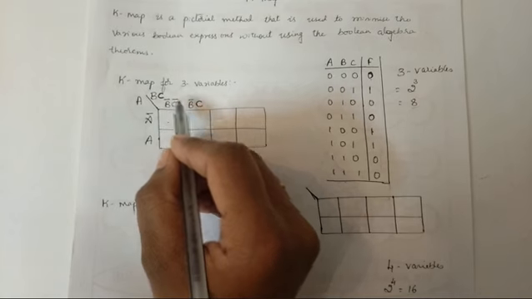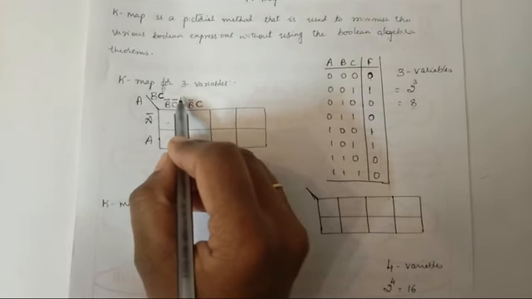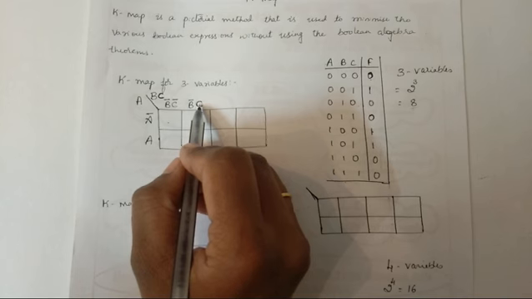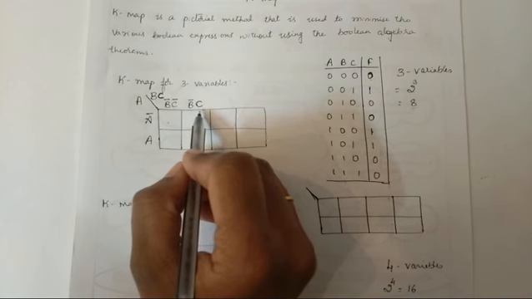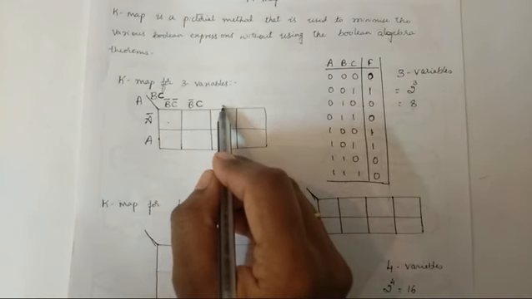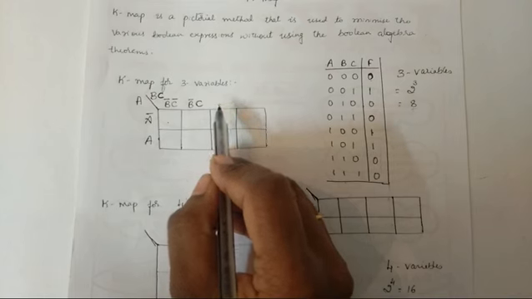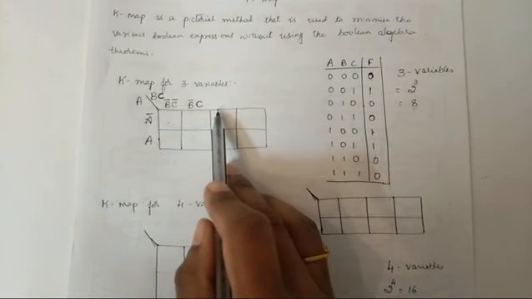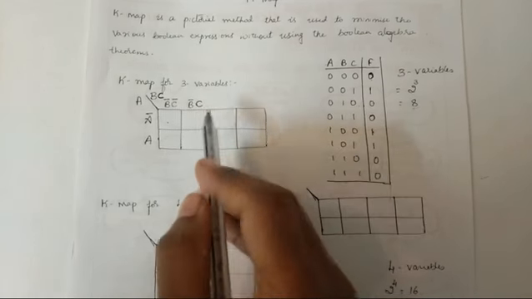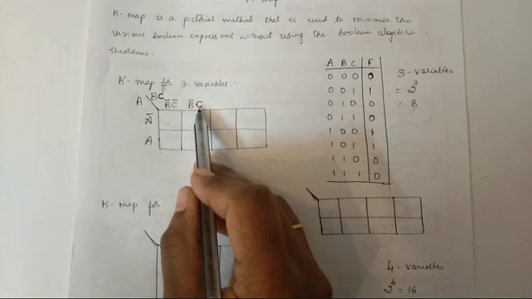We have to change from the LSB, that is, from the least significant bit. So C bar is there, and if I change C bar, it will be C. Next, from this cell to this cell there must be only one change, and that must be from the LSB only.